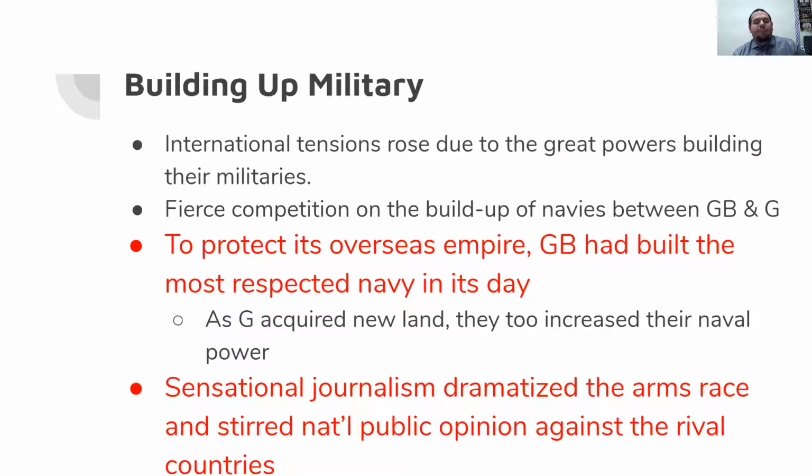And as Germany acquired new land, they too increased their naval power. And then sensational journalism and propaganda dramatized this arms race, and it stirred national public opinion against the rival countries. And that just builds up more nationalism. And that is why there's not just one root cause of World War I. It's a cause of many things.